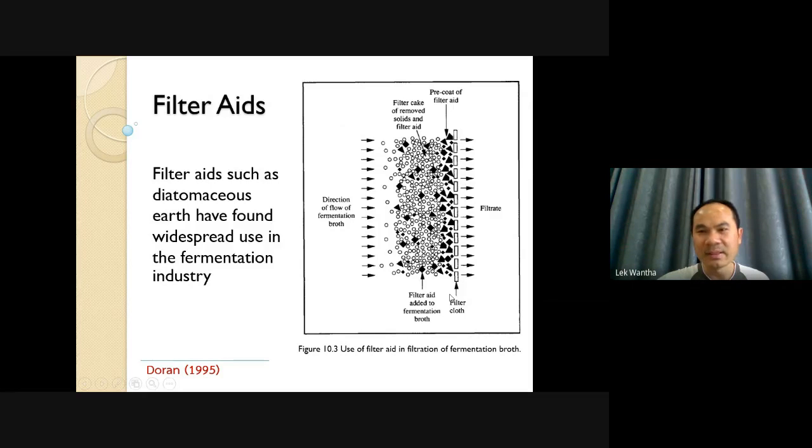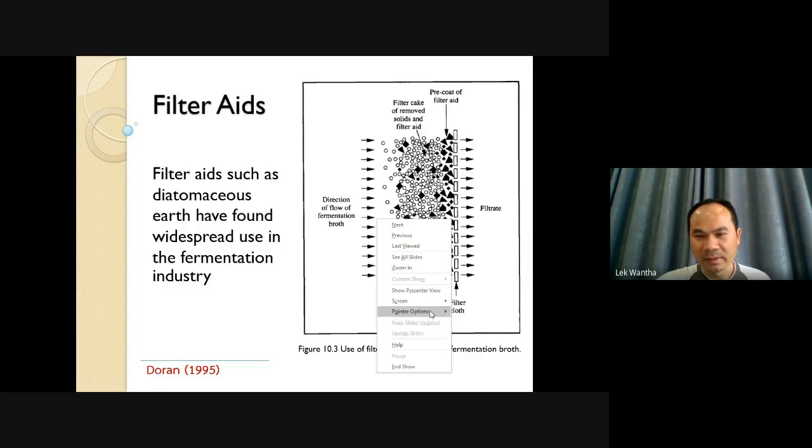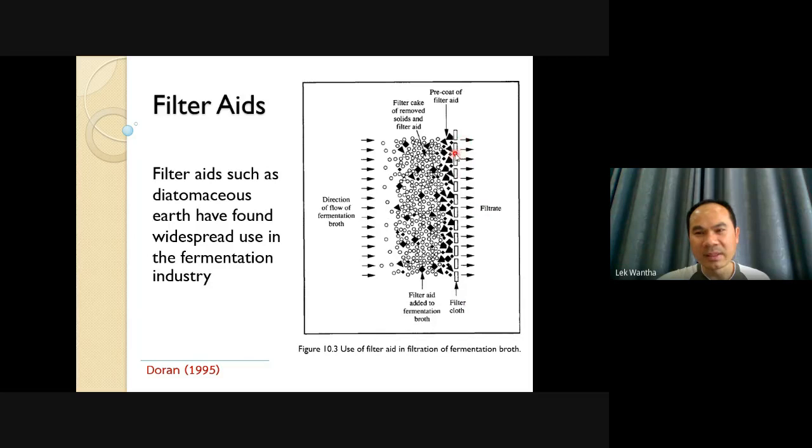The fluid or suspension, meaning a mixture of liquid and solid, passes to the filter media, and the liquid, or solid that is smaller than the holes, can pass through the filter media. We call the clear liquid the filtrate. And the solid that deposits on the surface of the filter media, we call the filter cake.